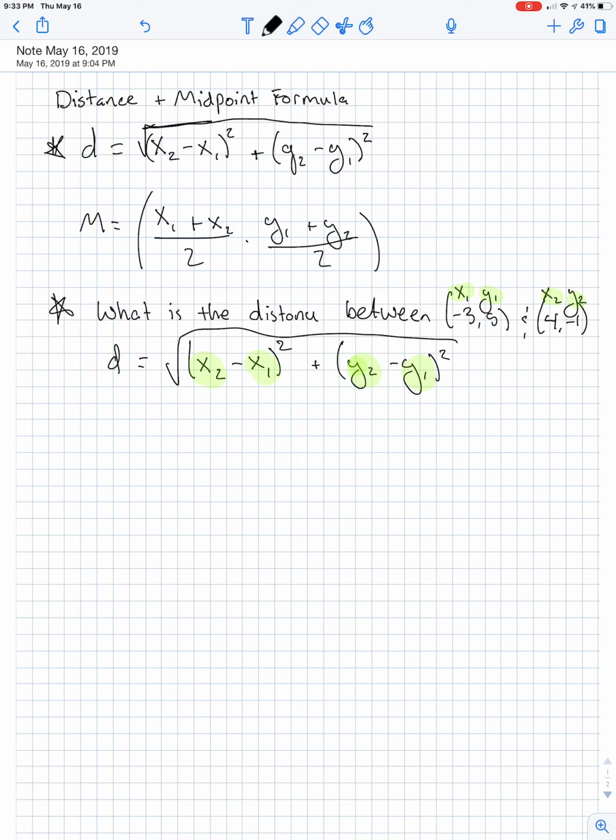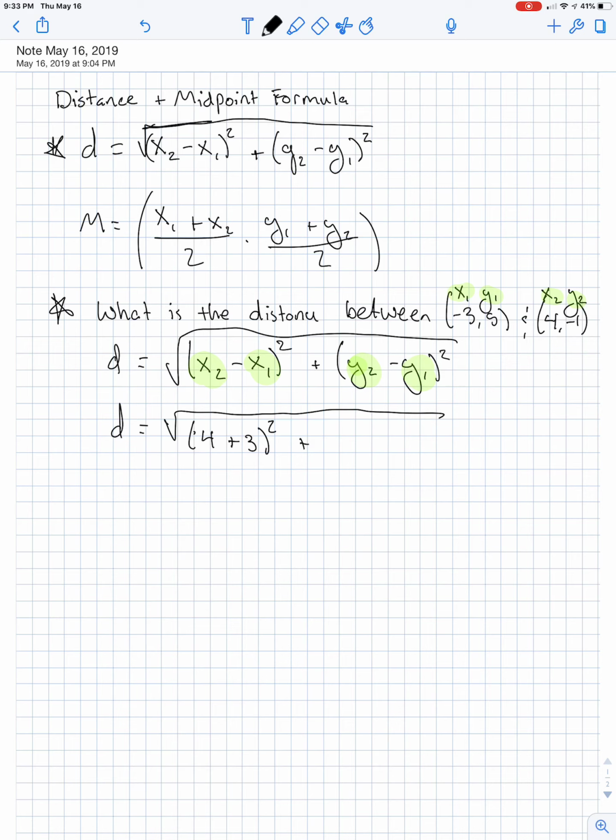Alright, so now we're going to have d equals the square root of, so x2 is 4 minus x1, which is -3. So minus a -3, this makes it positive. So it's going to be +3 parentheses squared. Alright.